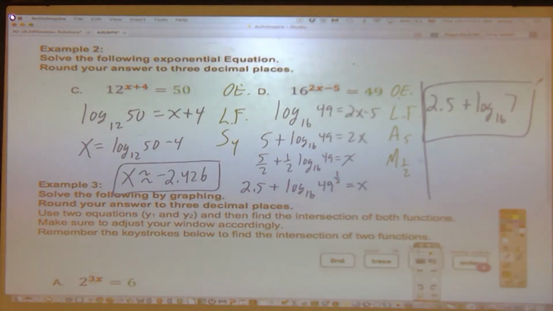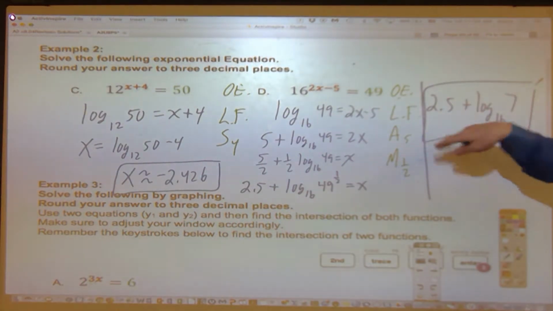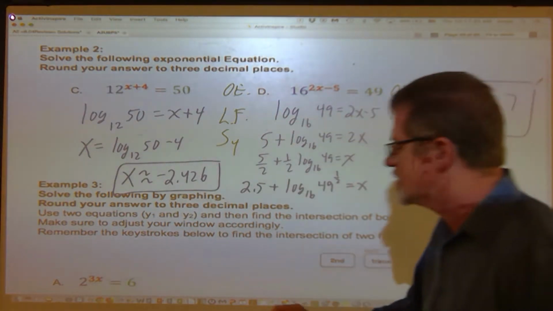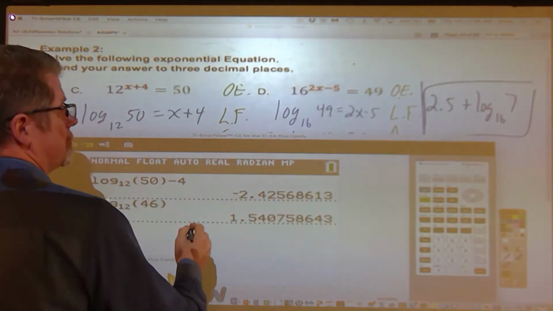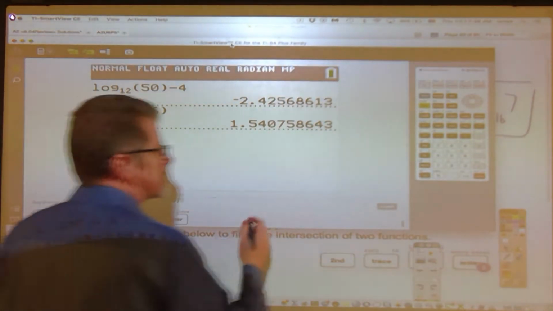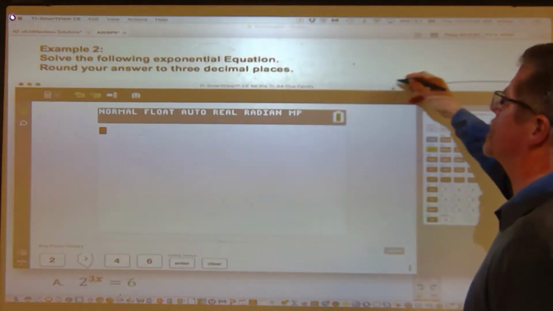Please do not type in the log base 16 of 9.5. Do not add the 7 and the 2.5 to get 9.5. Instead, keep them separate as you type this into your calculator: 2.5 plus log base 16 of 7. Oh, and there's one more thing. On the homework it says check your answer.